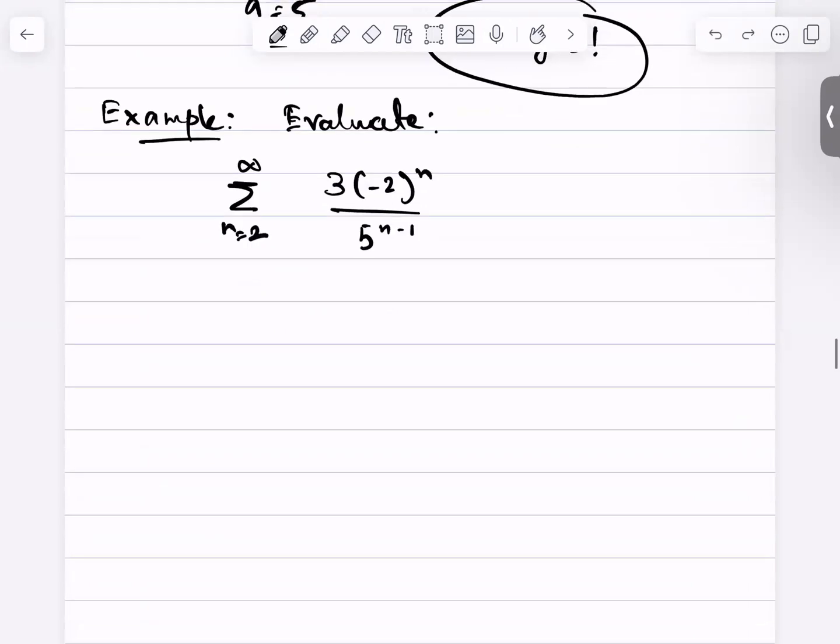So therefore you have to do some trick there. So I can write it like this: 3 times 5 and then -2 over -5 to the n. Same thing, just that I want n and also n in the power of 5. So therefore I just multiply 5 over 5 to this.